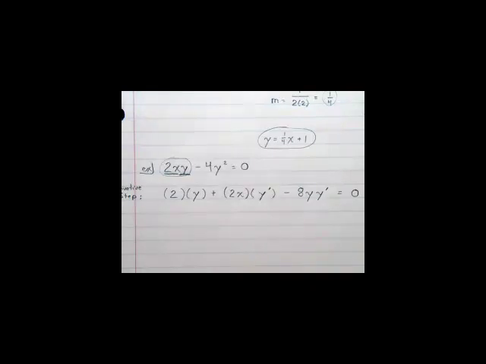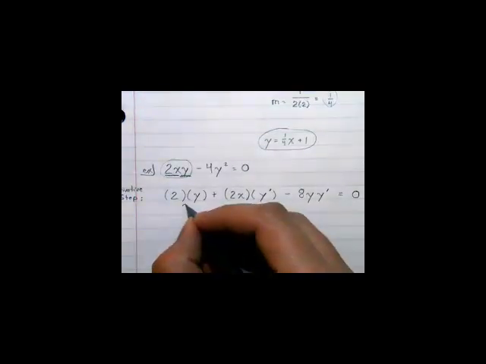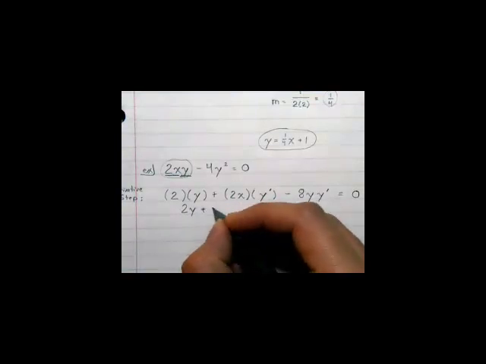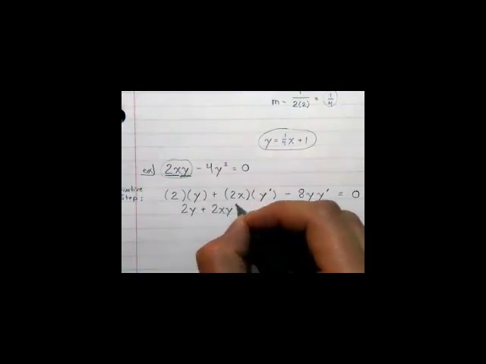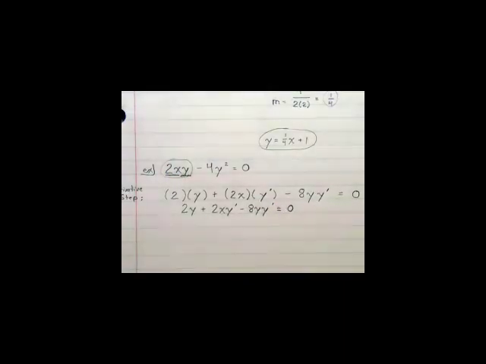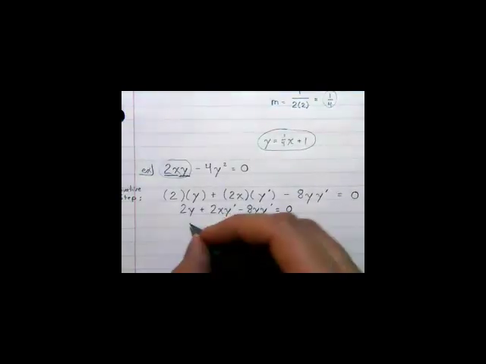I'm going to rewrite this so it's a little easier to look at, but that's going to be our goal, to solve it for y prime. Any suggestions about how we might go about doing that? All right, subtract the 2y.